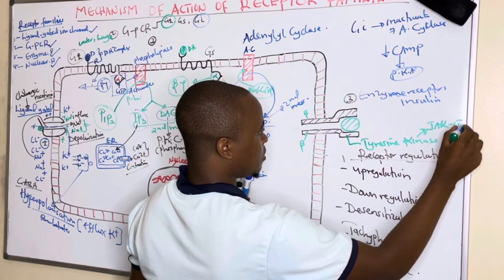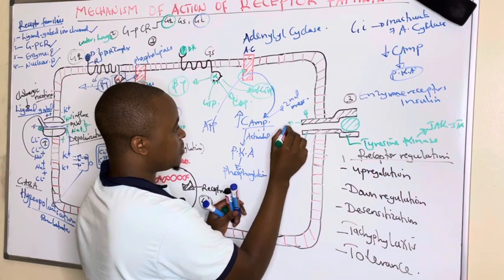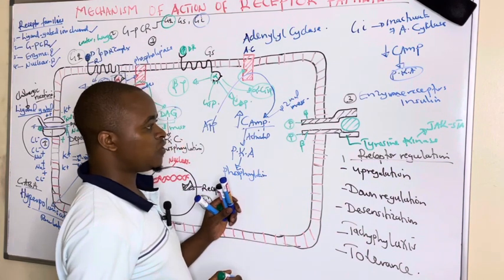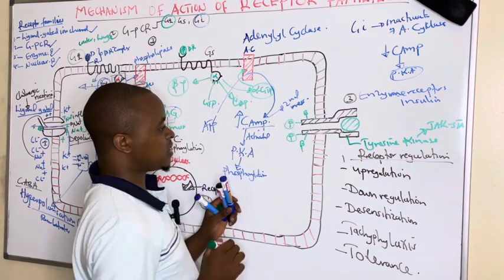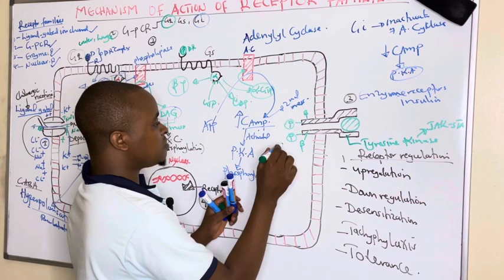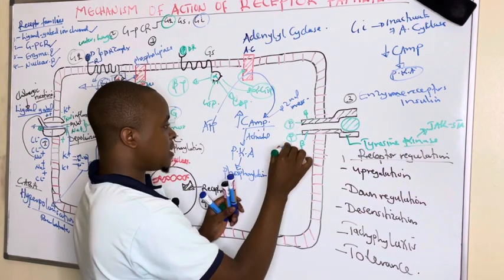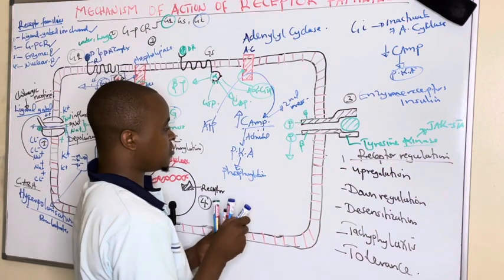JAK-STAT causes phosphorylation of the beta subunit domain of the tyrosine kinase. After being phosphorylated by addition of phosphate groups, the beta domain of the tyrosine kinase goes and causes autophosphorylation.